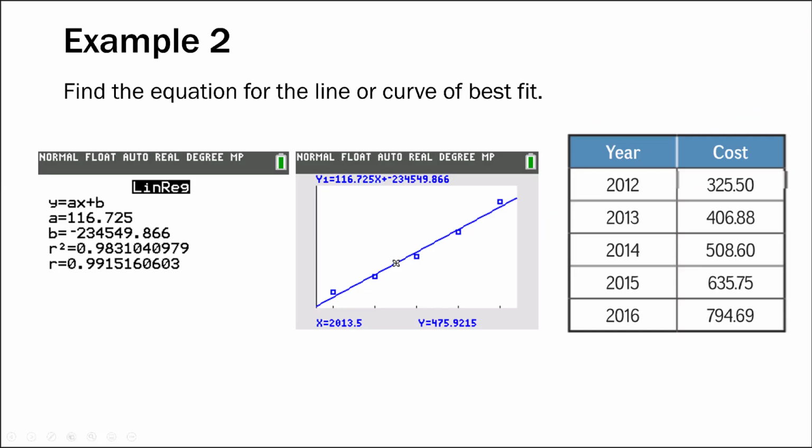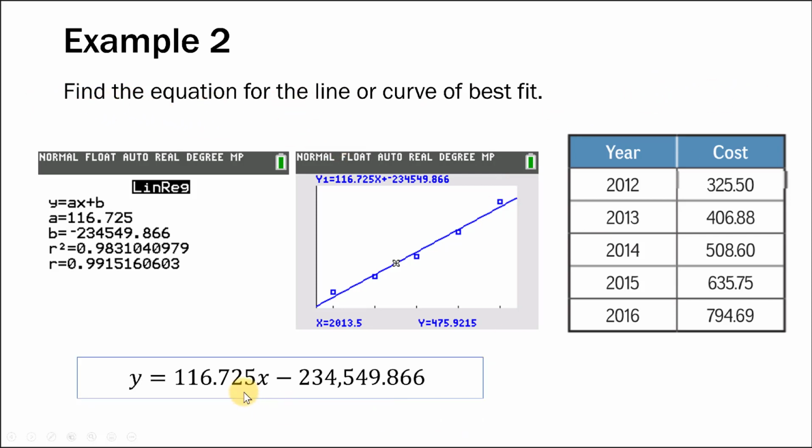Having a look at our table again, we can see that last window we looked at with our equation right up here. Again, we can see the makings of this equation when we originally clicked that linear regression function. To finally solve this and give the equation we're looking for, that would be y equals 116.725x minus 234,549.866.